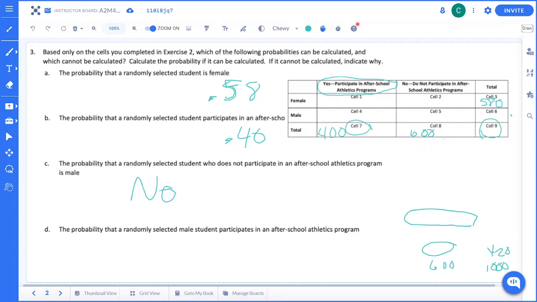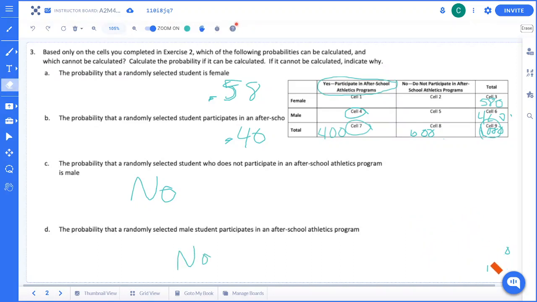Randomly selected male student that participates in. So that's going to be cell 4. We don't know that one yet either, right? I'm just writing these in. So we would just write, no, we do not know. We're going to have more information to be able to tell whether or not we have a male that participates in an after-school program. Okay.